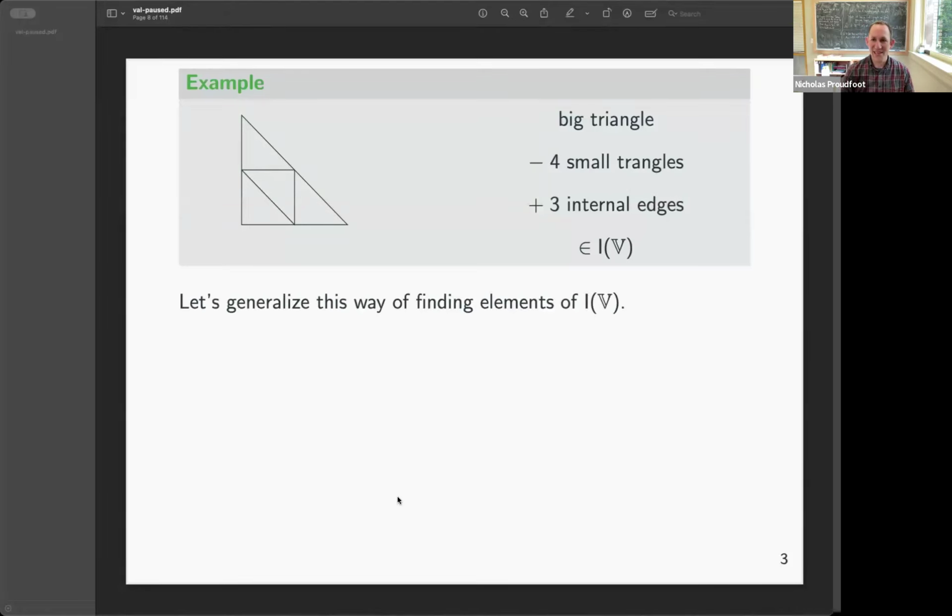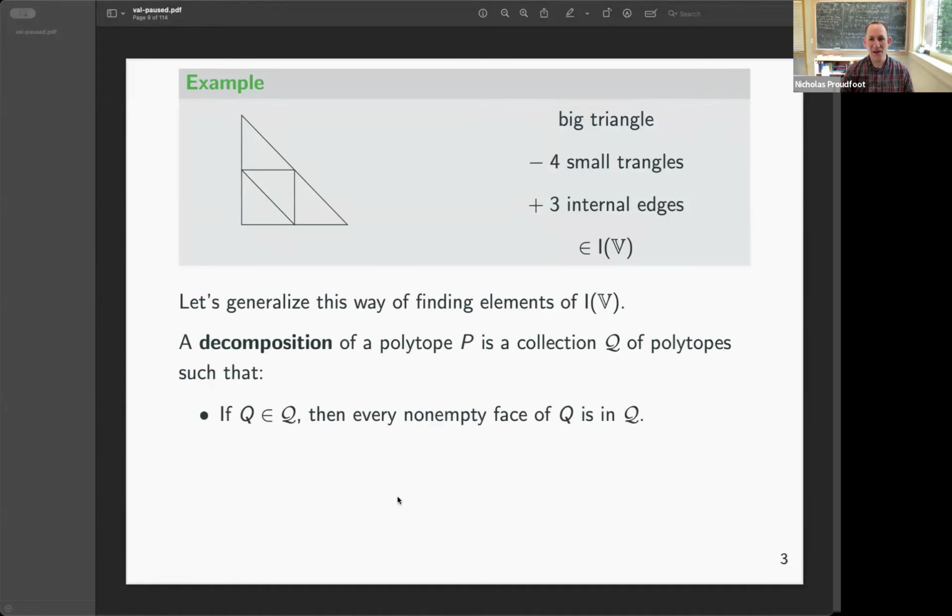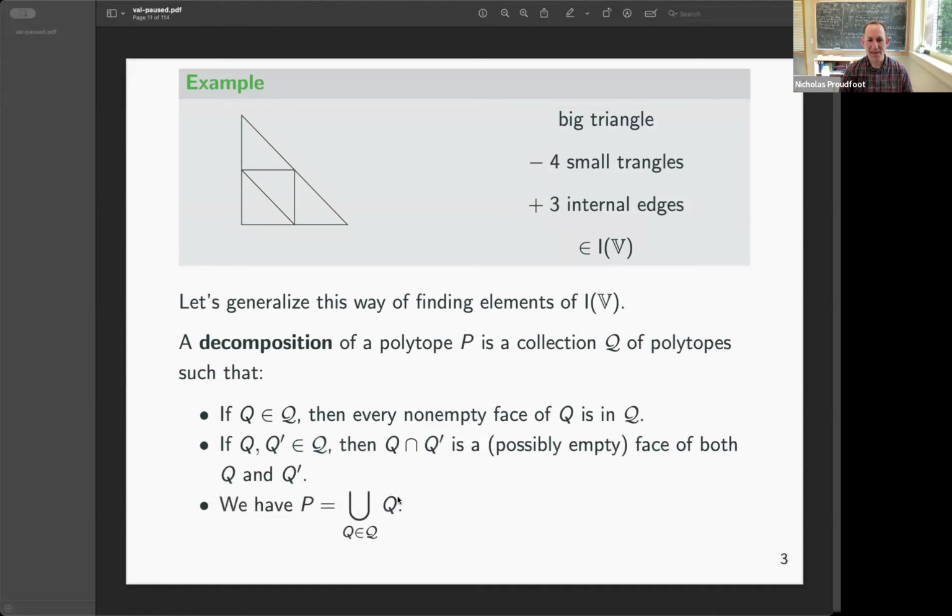So let's talk about generalizing these 2 examples of elements of I(V). I want to talk about a decomposition of a polytope. So it's a collection of polytopes such that it's closed under taking faces, it's closed under intersections, and the union is the big polytope. So in this example, P would be the big triangle, and curly Q would consist of the 4 small triangles and all their edges and all their vertices.